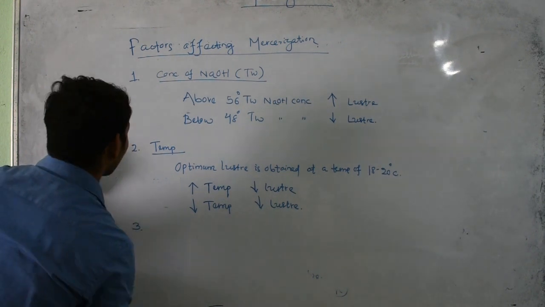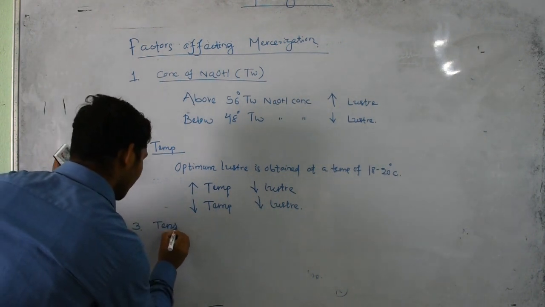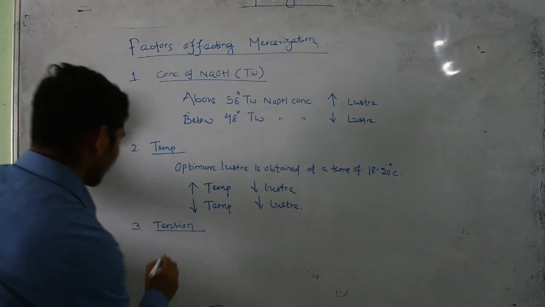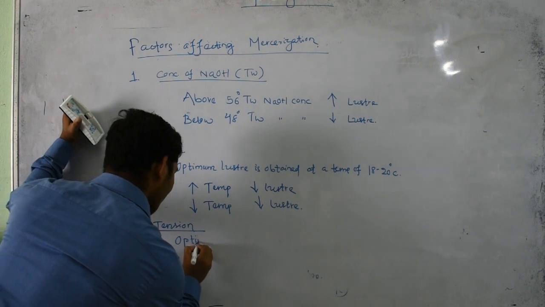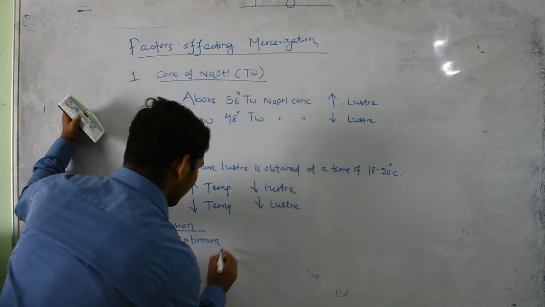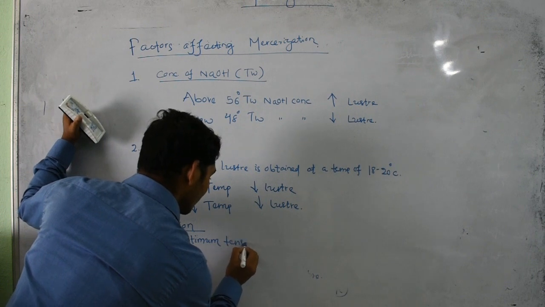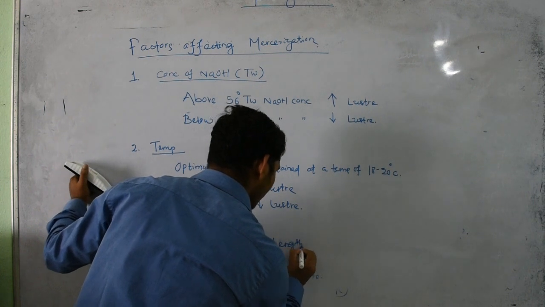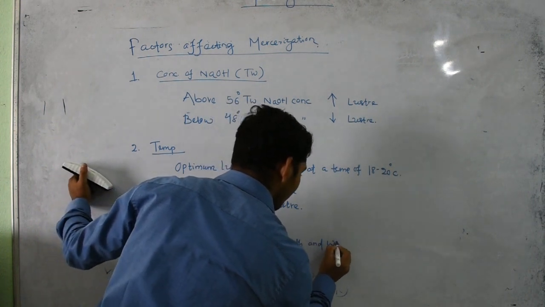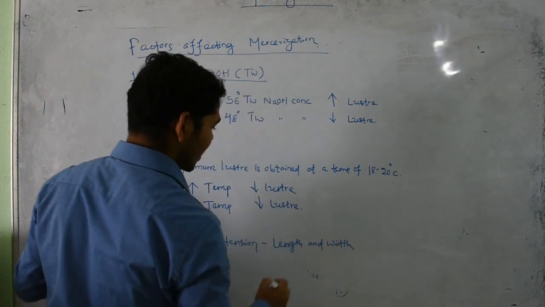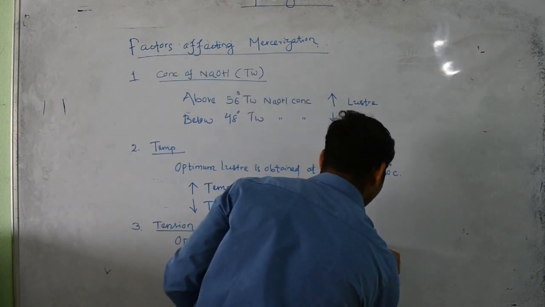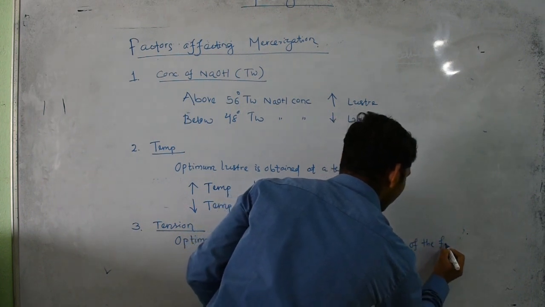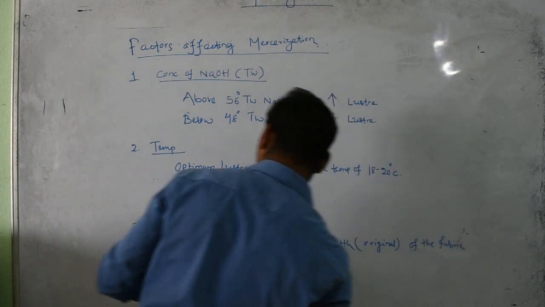Coming to the next factor, that is tension. So the optimum tension for mercerization process is: original length and width should be maintained.